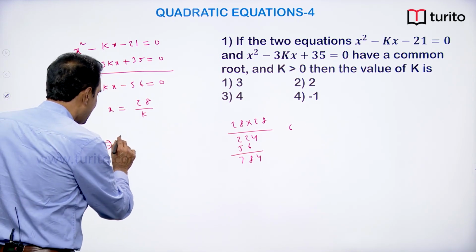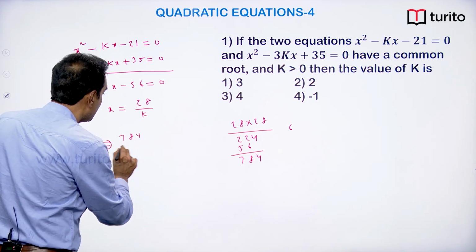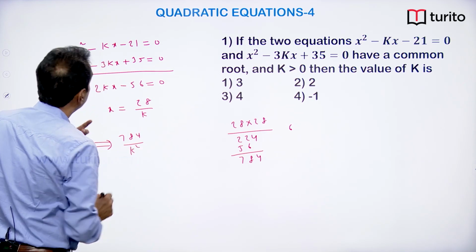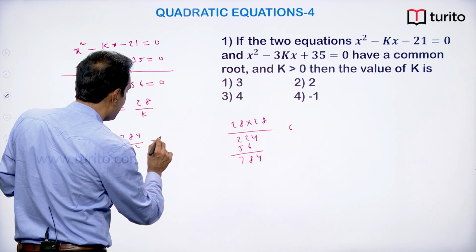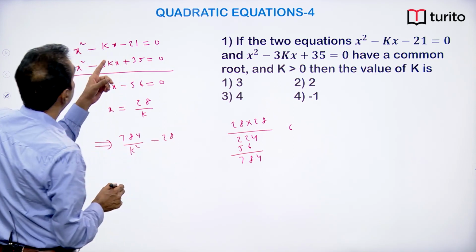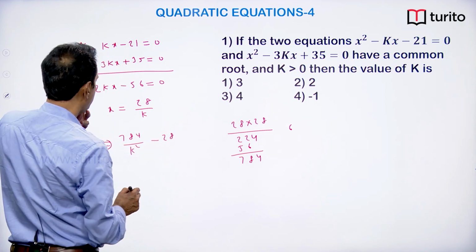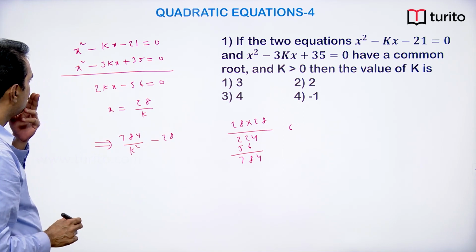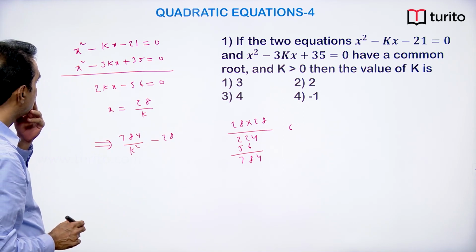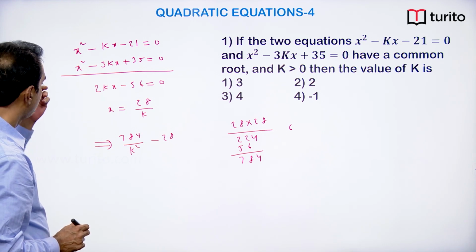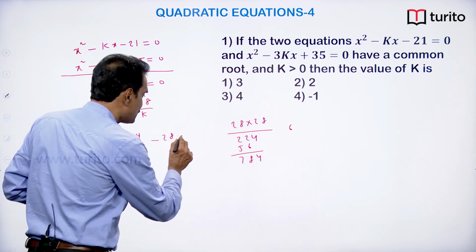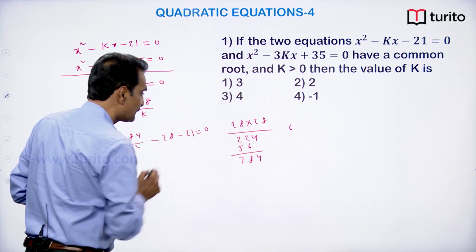Okay, 784 by k square. Next, minus kx means minus 28. Minus 21 is equal to 0.